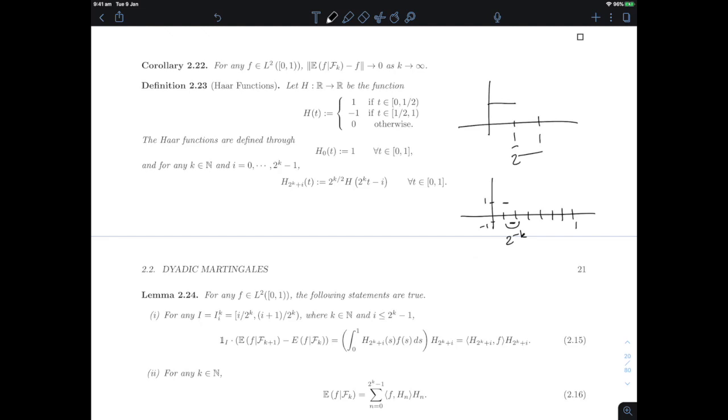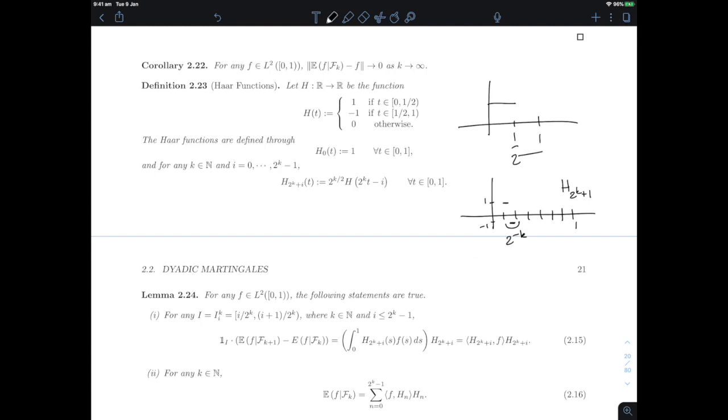So what I've drawn here is the Haar function h_{2^k + 1}. h_{2^k} will be the one on the very first interval. h_{2^k + 1} is the one on the second interval from the left of side length 2 to the minus k. Right, so this is what these functions are.